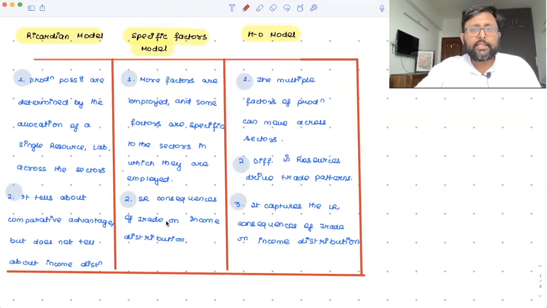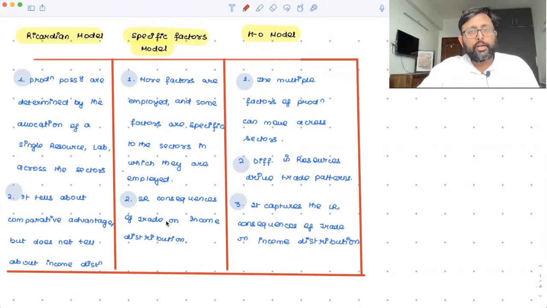And there are differences in resources. So the country is endowed with a certain kind of resources. Maybe my country is labor abundant, your country is capital abundant. So it is natural for me to produce more of the good which is going to use my abundant factor intensively. And it is natural for you to produce more of that good which is going to use your abundant factor more.